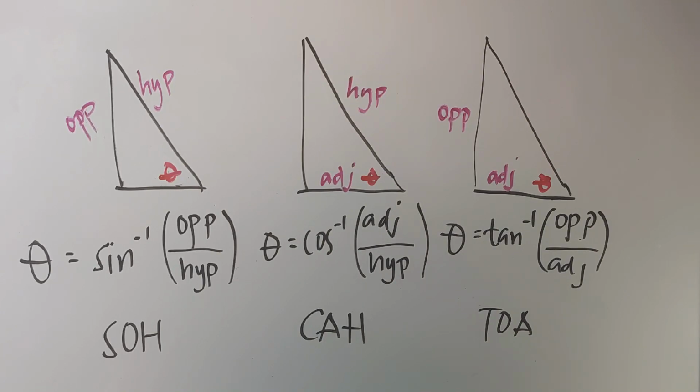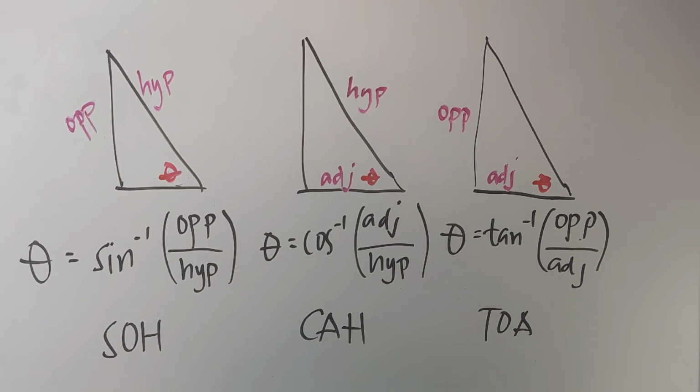In the case of direction, we have the trigonometric functions to determine the exact direction of where that particular vector is going. So as a review, we have the three cases here.